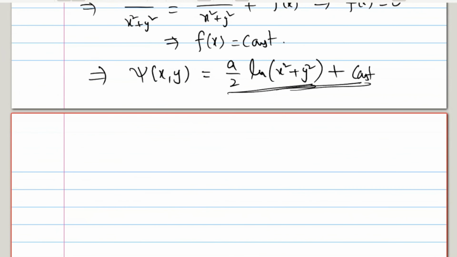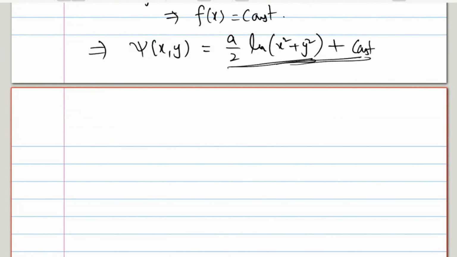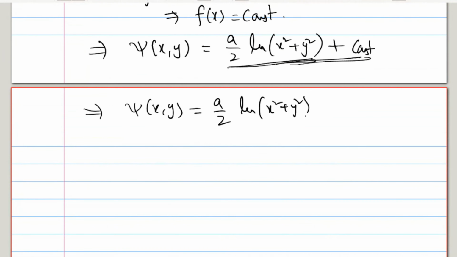So the stream function psi of x, y equals a/2 ln(x² + y²) equal to a constant, say c, gives the streamlines.